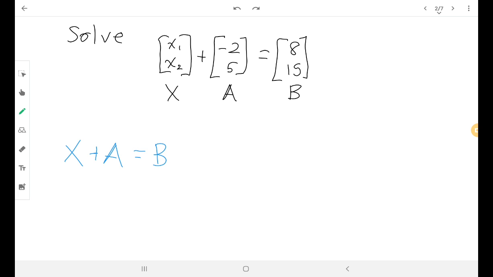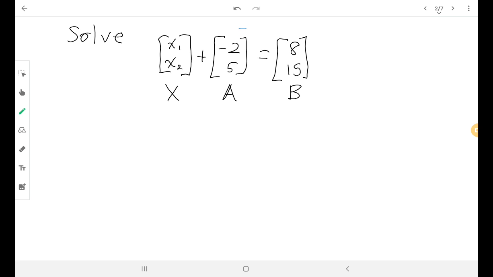So in order to do that, we just need X by itself the same way we would any other time. It's the same as traditional one-step equations. We subtract A on both sides, and we figure it out from there. So I'm going to erase what I just wrote and do it up with the other part there.